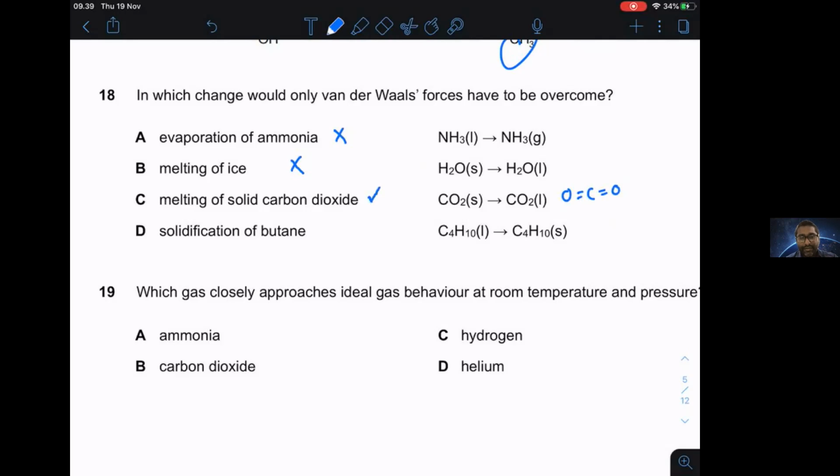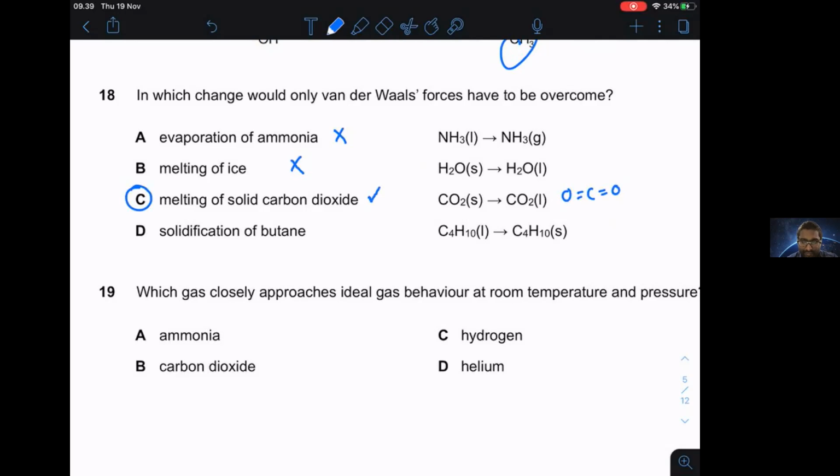Solidification of butane: in this case we are not overcoming van der Waals forces, we are trying to make them a solid, so they are more towards forming the bond. So the best answer is going to be C.